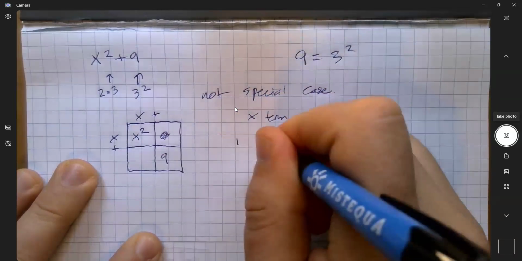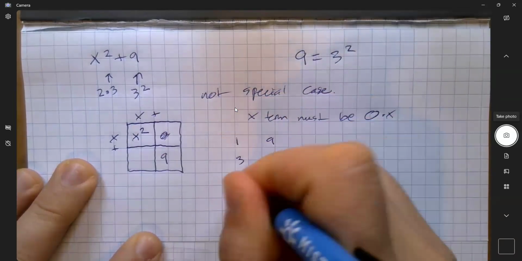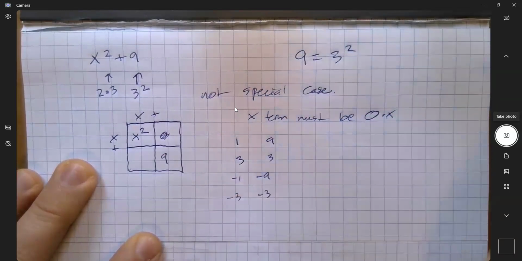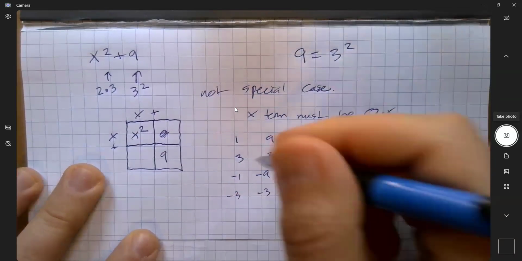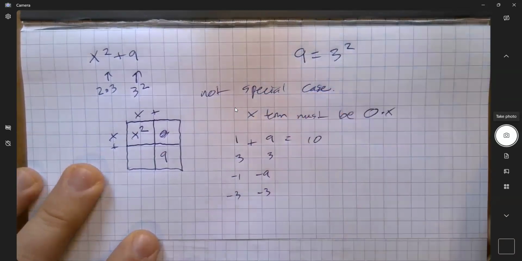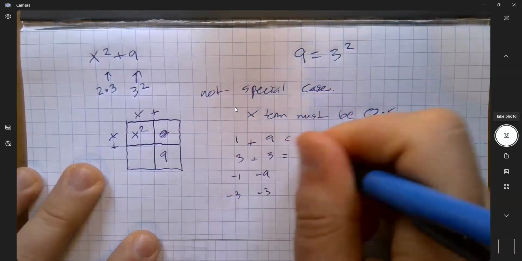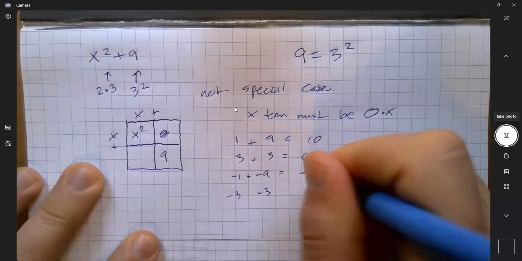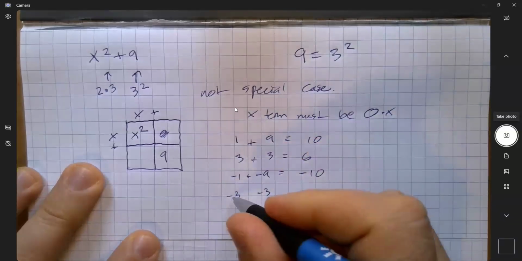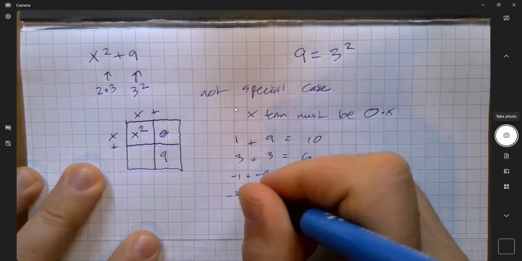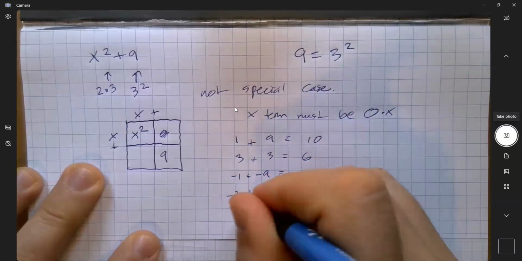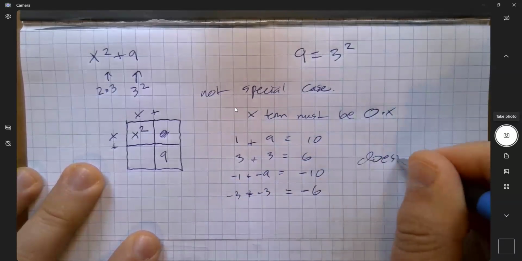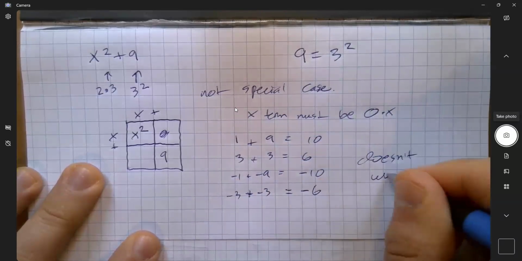So I'm looking for two numbers that multiply to be 9 and add to be 0. 1 plus 9 is 10. Nope. 3 plus 3 is 6. Nope. -1 and -9, -10. Nope. And careful, -3 minus 3 is not 0. -3 plus -3 is -6. None of these work.